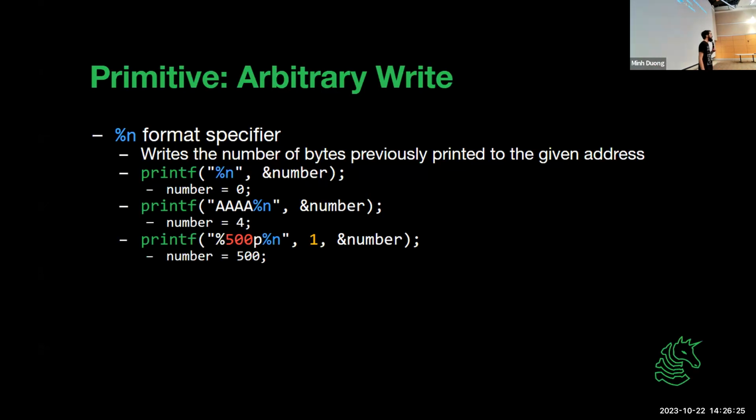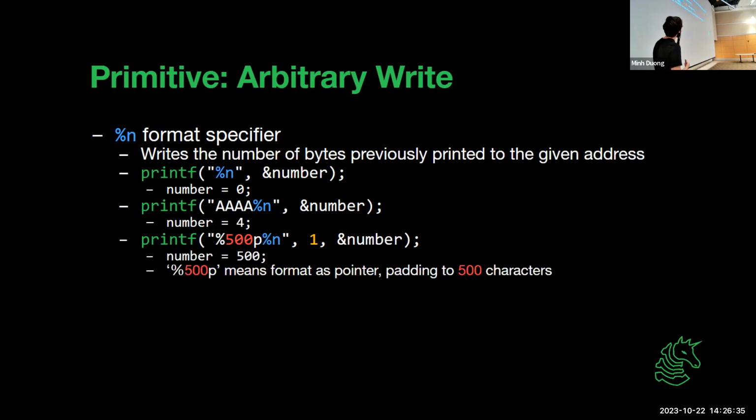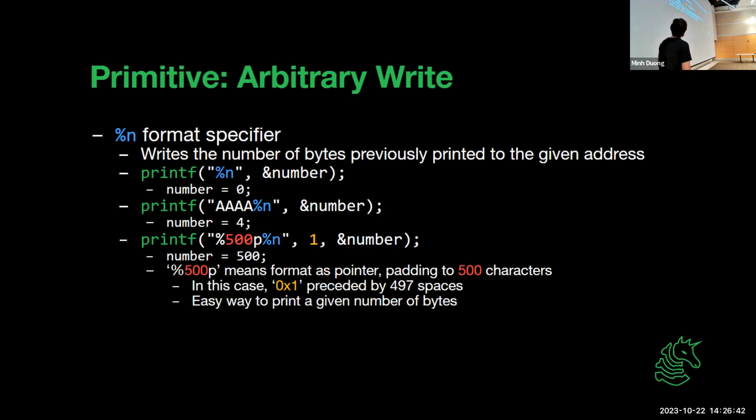So nothing is stopping me from printing out the size of the address, which is a lot, but writing different addresses into variables that I wasn't expecting to. So we've had 500 characters, so 0x1 is preceded by 497 spaces. Things like that. So we have a pretty strong arbitrary write with printf.